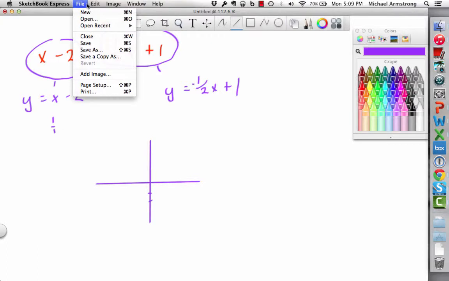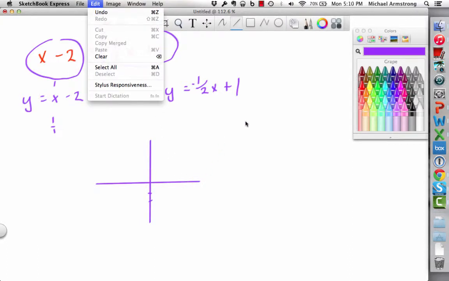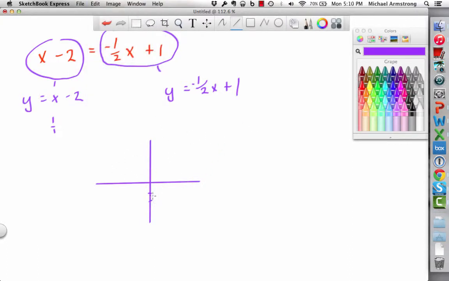Somehow I made it bigger again. I keep doing that. There's some button on my pen that does that. So it's a positive 1 slope starting at negative 2, so it's going to be up 1 over 1, up 1 over 1, up 1 over 1, and so we're starting down here. So these are our 3 points to make the first line.